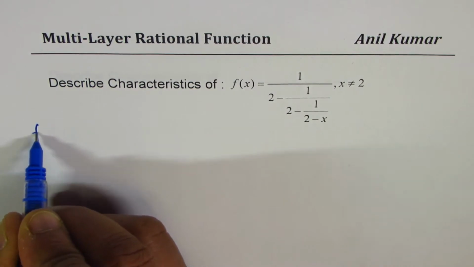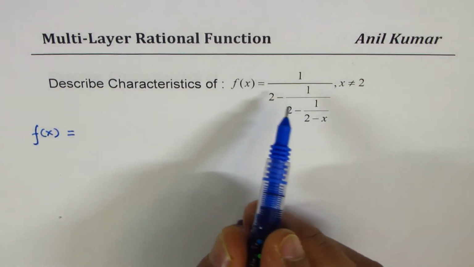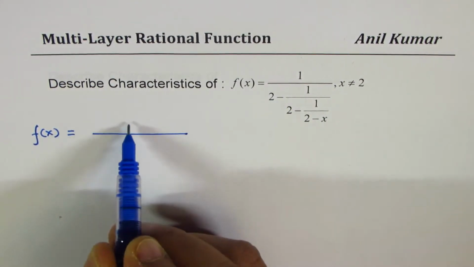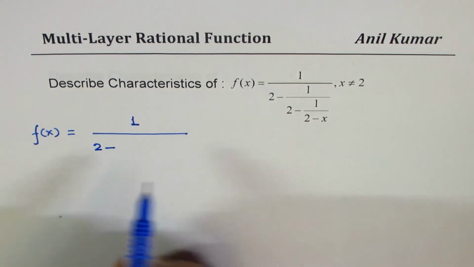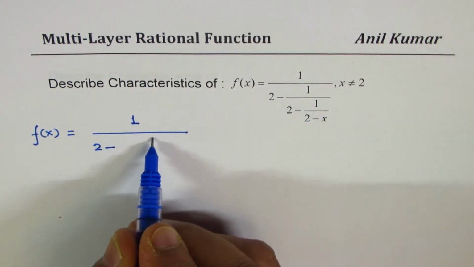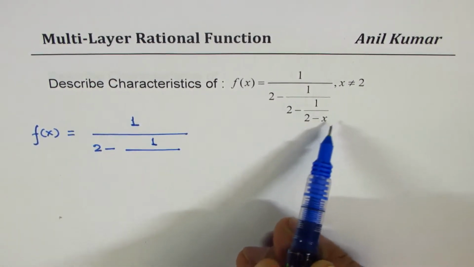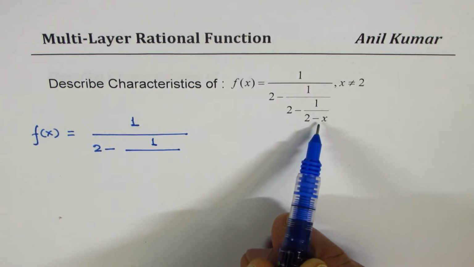So what we are given here is a function f of x, which could be written as, so let me rewrite this. We'll start from the bottom part to simplify it. So we have 1 over 2 minus 1 over, so I've copied that much. Now in this part, we can take a common denominator of 2 minus x, right?